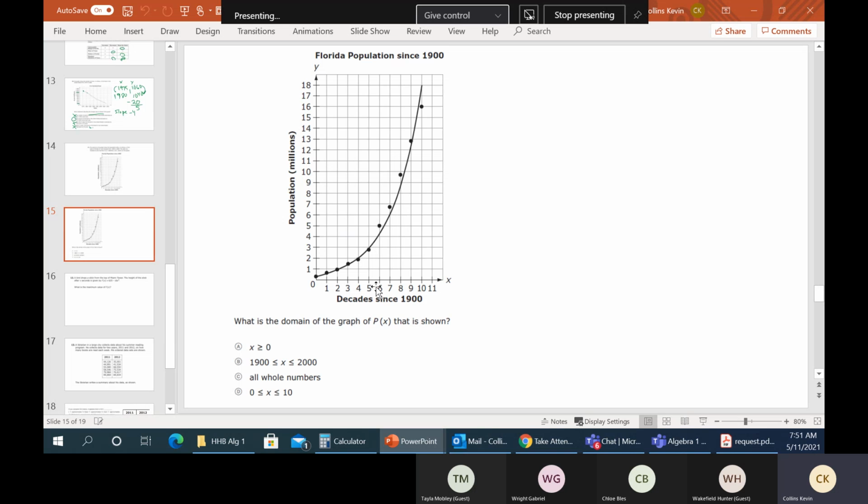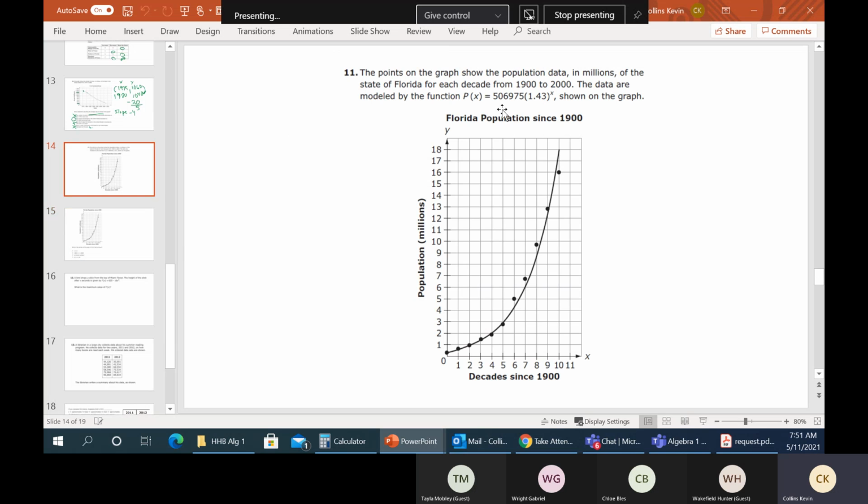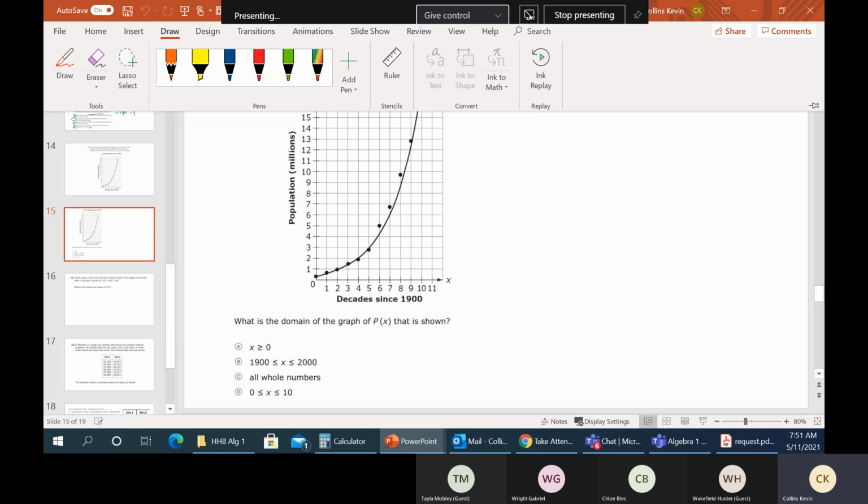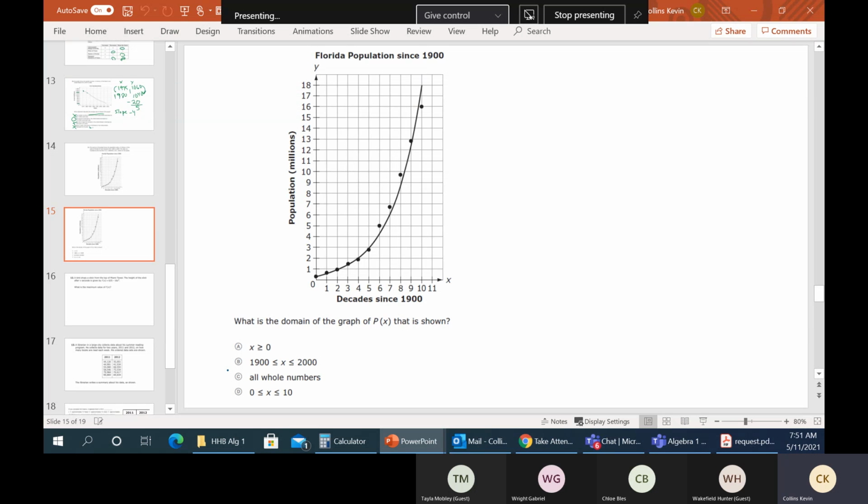Yeah, it means 1900. And remember, they even told you flat out here, they said Florida each decade from 1900 to 2000, right? So they literally gave you the answer there. So our X value is between 1900 and 2000. That was easy.